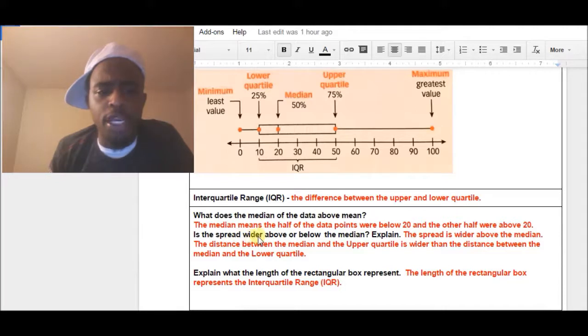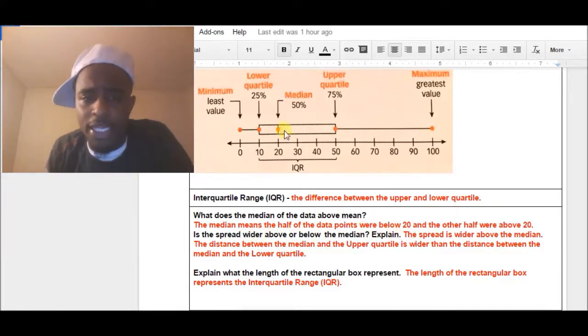Is the spread wider above or below the median, and explain? Well, if we look at our box plot and the median, it seems that below the median is more bunched up. Our data is more bunched up. Above our median, the data is more spread out, all right?